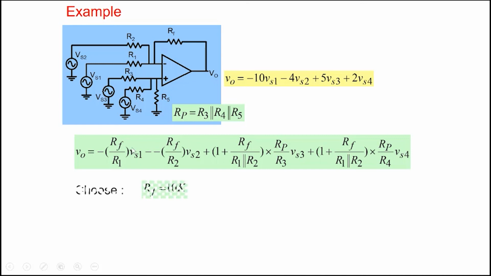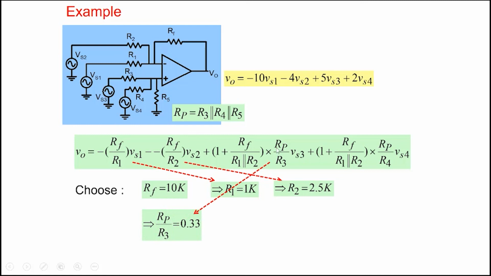And so we can decide by choosing, let's say, RF equal to 10K. And then R1 is straightforward, minus RF by R1 is minus 10, so it's fine. R2 also we can determine to get minus 4 here. When we come here, once we have chosen RF and R1 parallel R2, we get RP by R3 is 0.33.